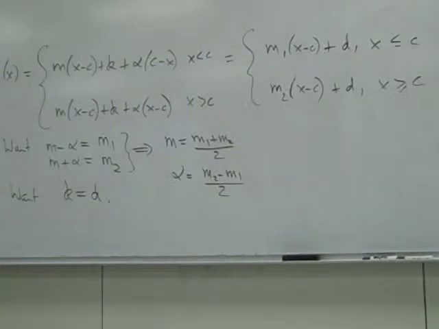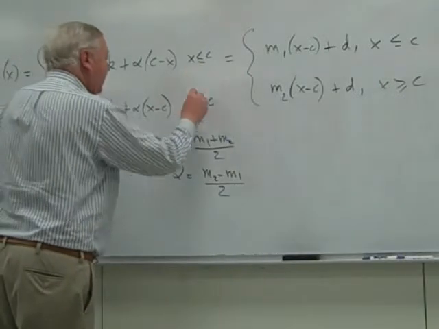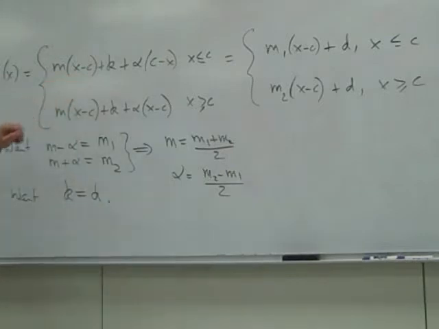So what we have is two piecewise linear functions. They have the same value at c, and they have the same slopes on either side of c. So they have to be the same function. And there you have x less than c, and you're mapping it to x less than or equal to c. Oh, it doesn't matter because the values are going to match up at c anyway.